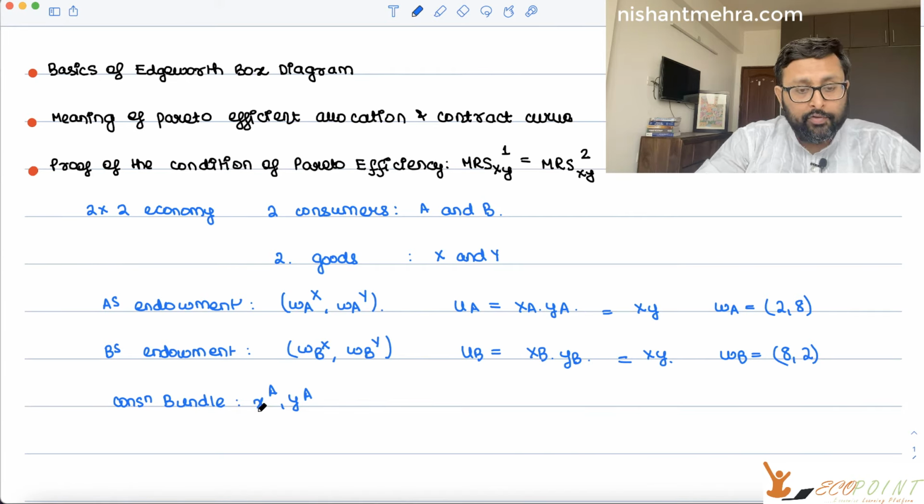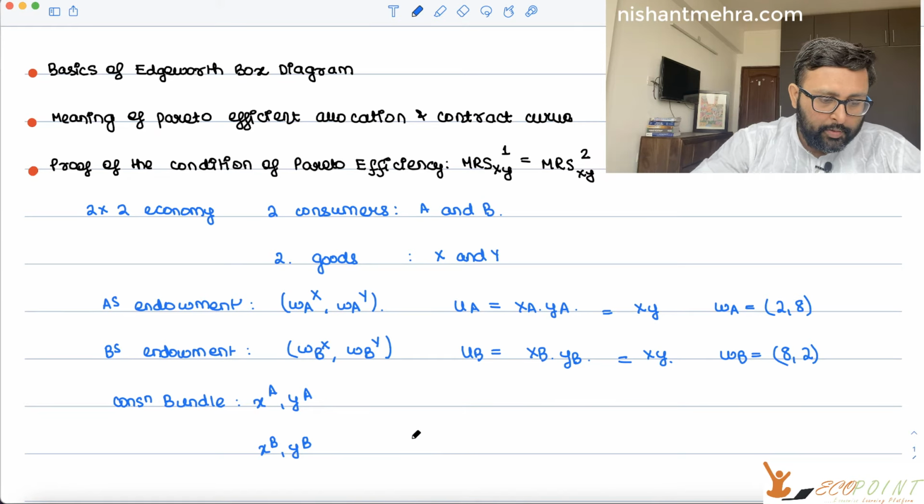I'm individual A, you are individual B. So I am consuming X and Y, that is XA YA, and you are consuming XB YB. This is what we are endowed with, this is what we are starting with, and this is what we are ending up with.